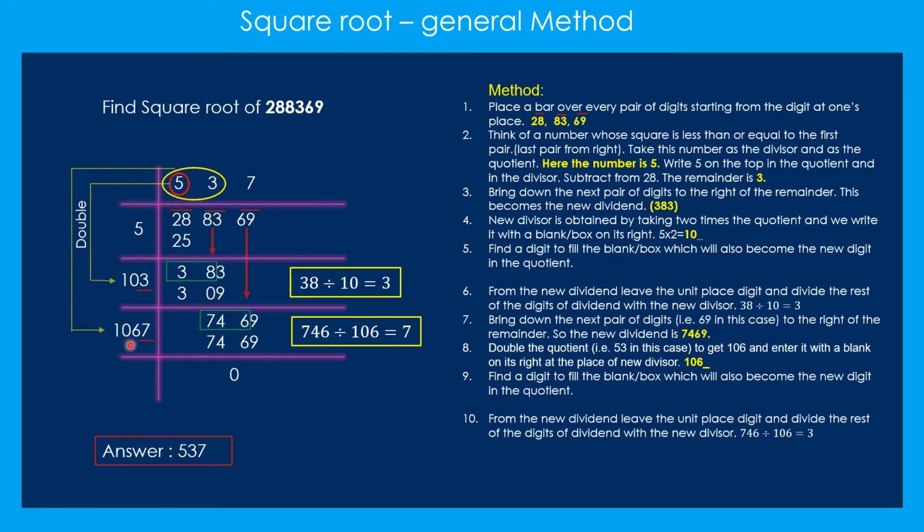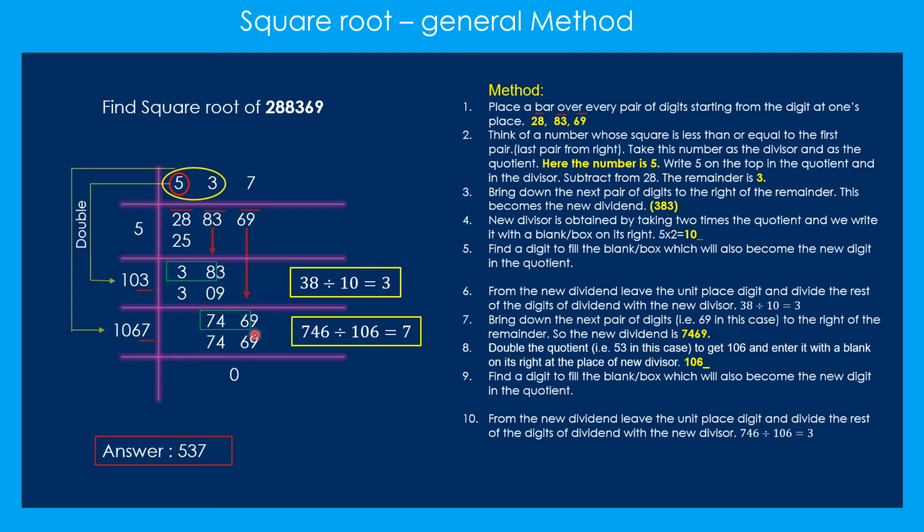So write 106 here with a blank space towards the right. Now we need to fill this blank space. Whatever number is added to the blank space, the same number is added to the top of the quotient here. So in order to find the number for the blank space, you see the new dividend is 7469.